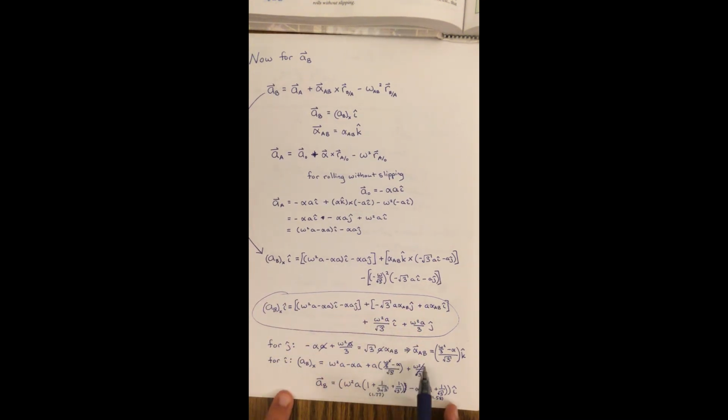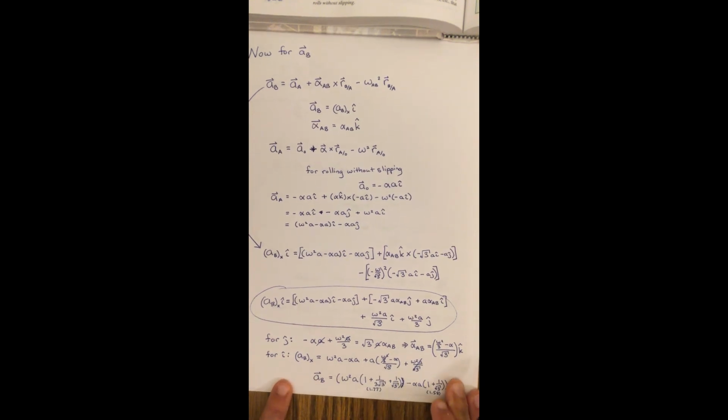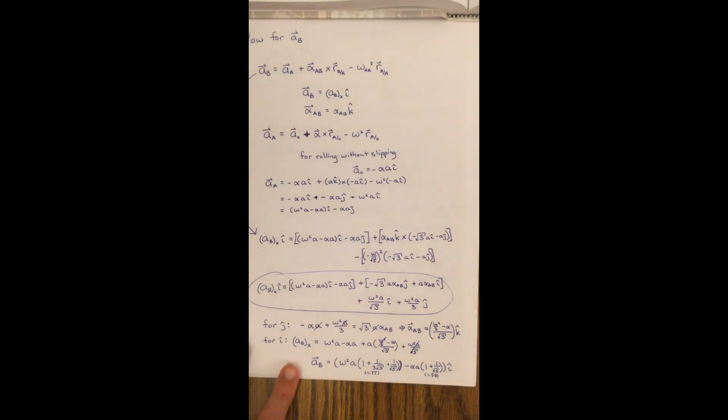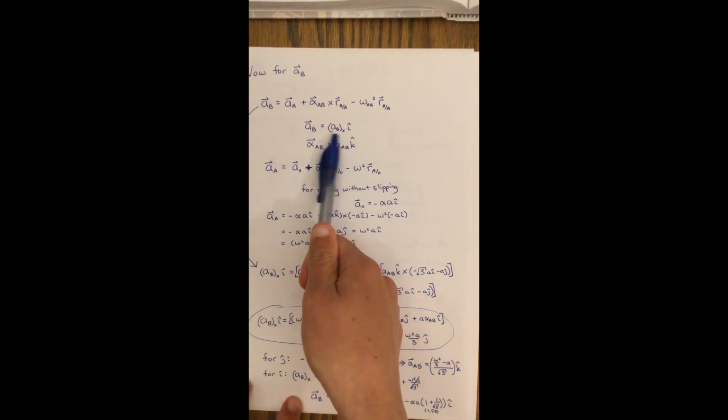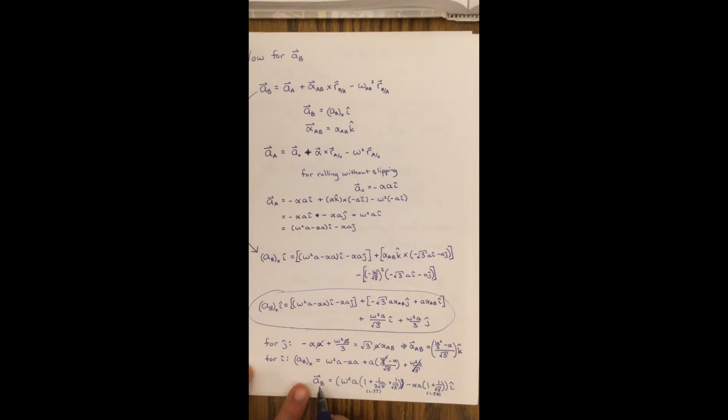Now, I wasn't supposed to cross those out there, so ignore that. And we're going to combine things together, and that will give us, this is the x component, but remember, it only has an x component. So this is the acceleration of B, which is what we were asked to find.